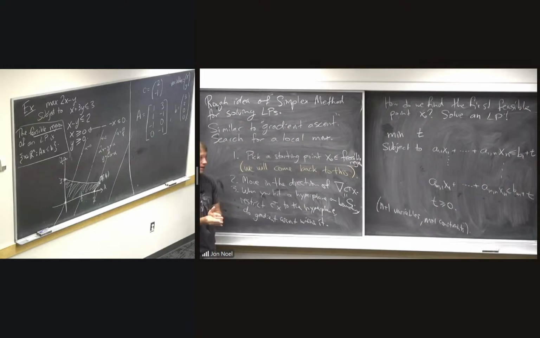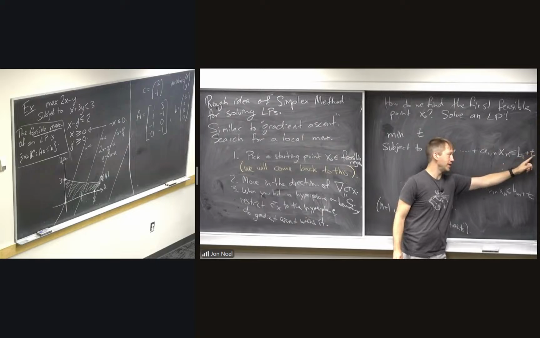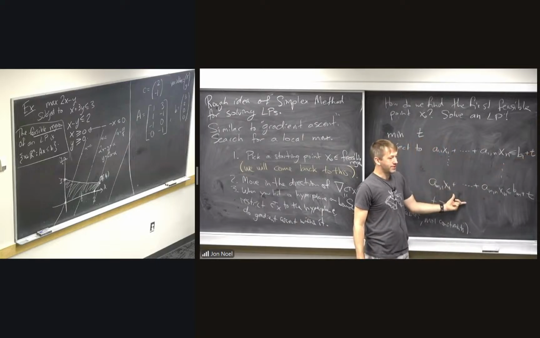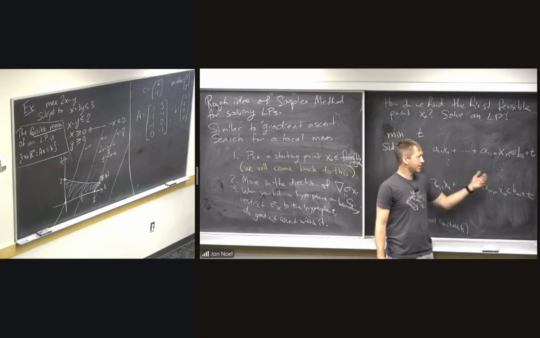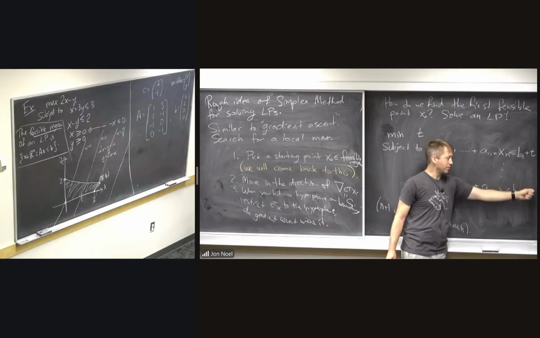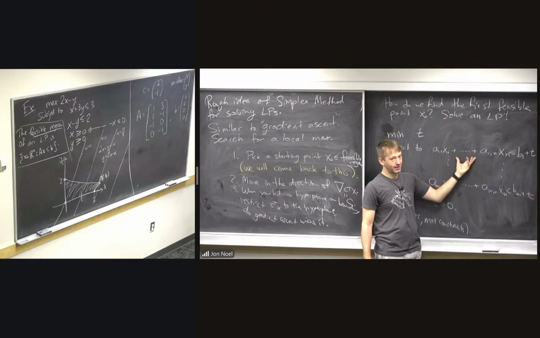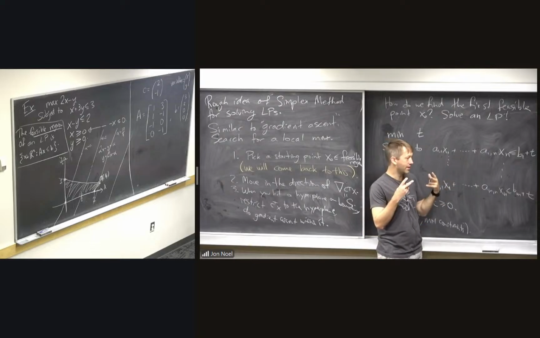Well, it tells you that the original constraints, when there was no t here, cannot all be satisfied. Because if my minimum t is 0.1, then if I put t equals 0 in here, it must be impossible to find x's that satisfy it. So that would mean that the original linear program was infeasible.